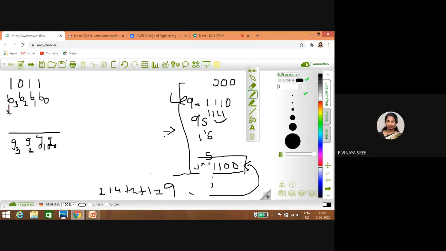So write this as 1. The MSB is written as it is. What is the formula for finding G3? G3 equals B3. Now G2: we have to do the XOR operation between B3 and B2.